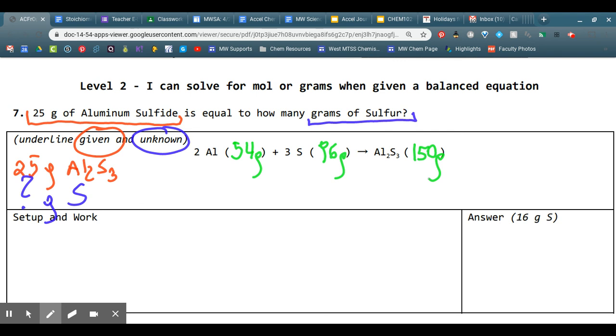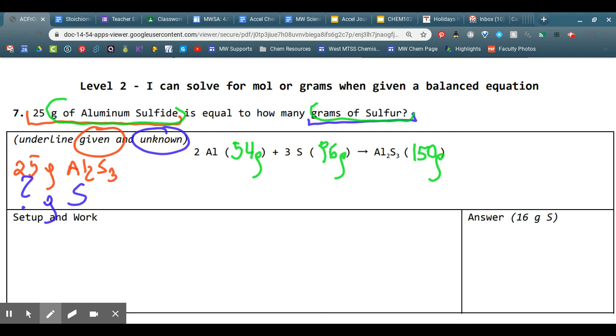Okay, so when we set up our first ratio, the first ratio needs to come from the recipe, from your balanced equation. That's where you start when you start cooking. So we need to combine grams of aluminum sulfide and grams of sulfur into our ratio.